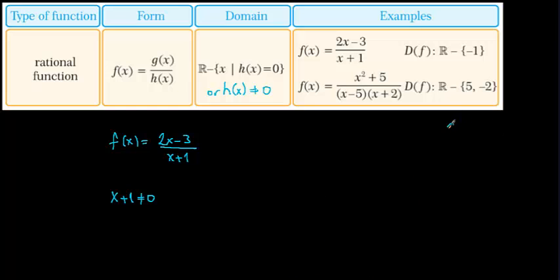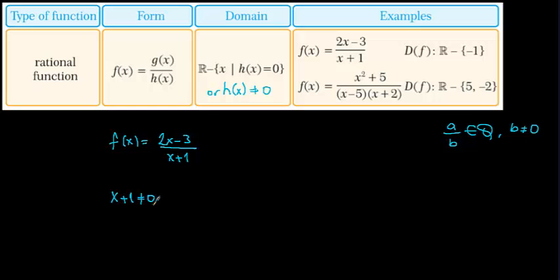A over b is an element of the rational numbers, which is Q, where b is not equal to 0, because when b is equal to 0, the value is undefined for us. So when x plus 1 is equal to 0, it means that it is undefined.